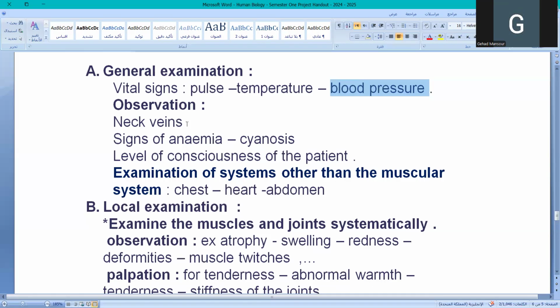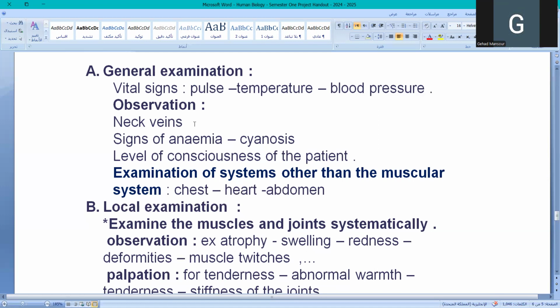And you can refer to the PowerPoint presentation in grade 10 about the examination of the neck veins. You have to say whether the neck veins are congested or not. And if in a young child you find that the neck veins are congested, this might be an indication of right ventricular enlargement, hypertrophy, or failure.